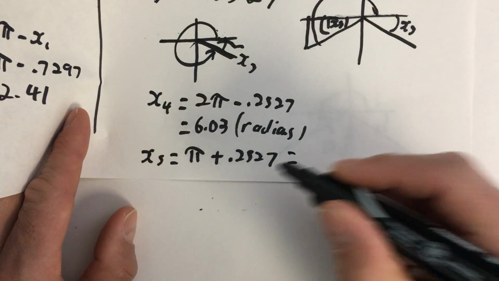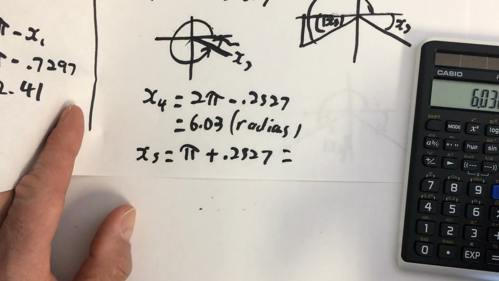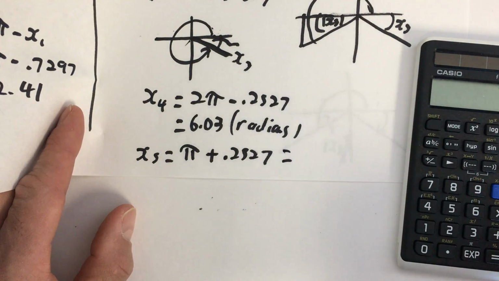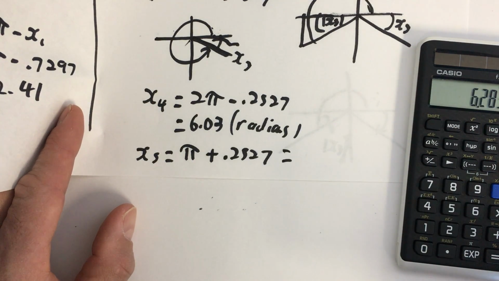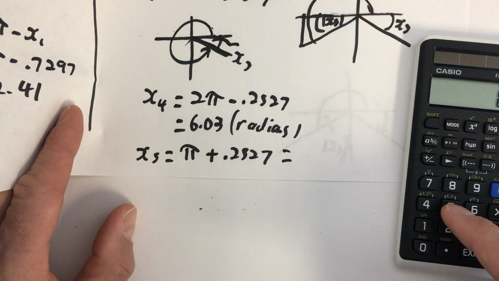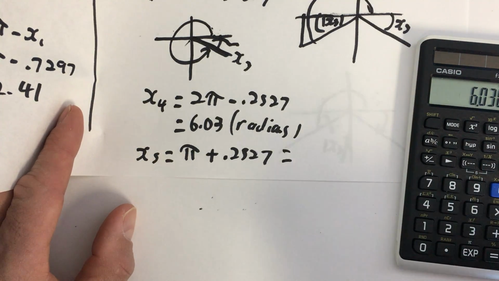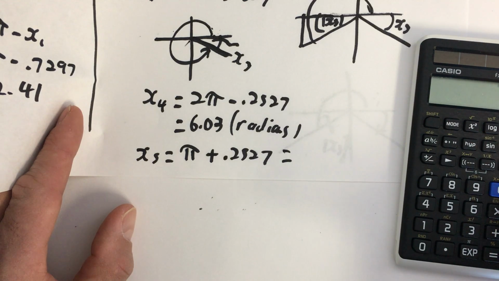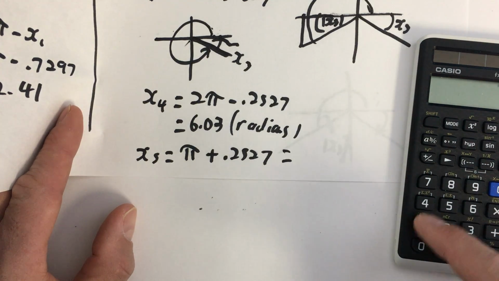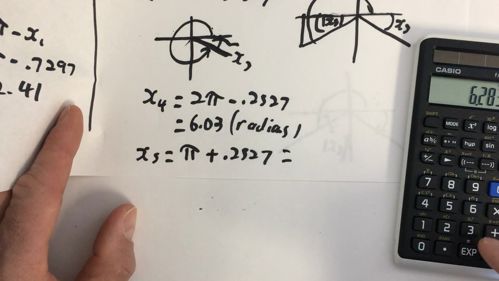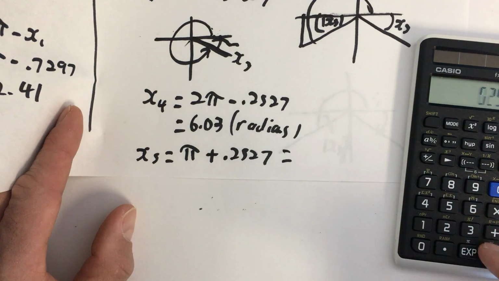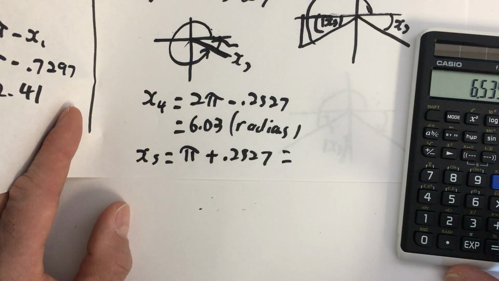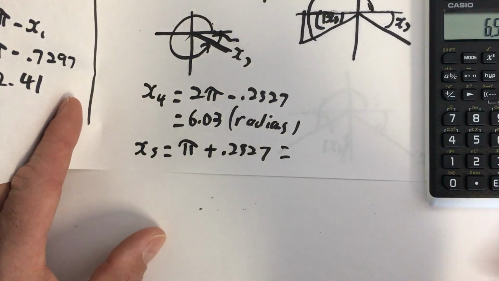Okay, so my x5 angle is going to be pi plus 0.2527. So that gives me 6.536.